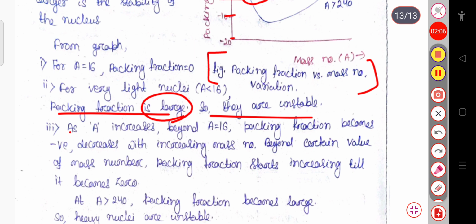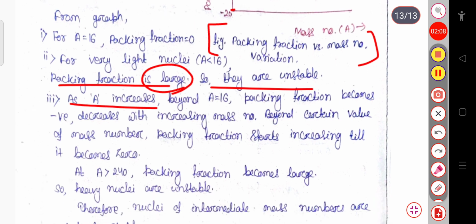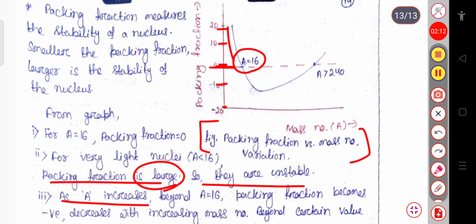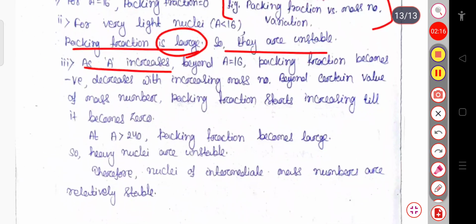As A increases beyond A equal to 16, you can see here that the packing fraction becomes negative and decreases with the increasing mass number.